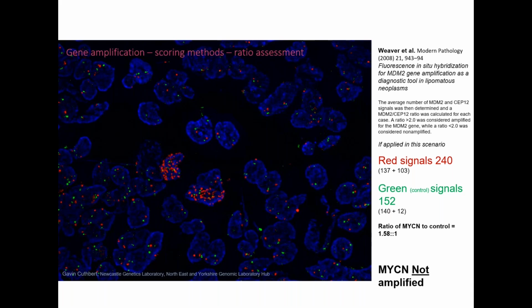I reckon each of those is 50. I had a good crack at this. I reckon they're 50. So then that ends up with a MYCN to control ratio of 1.58 to 1. So that's well short of being amplified. So it's just an example of how different ways that you could score amplification can give you a different outcome.